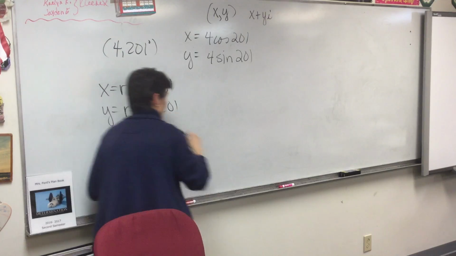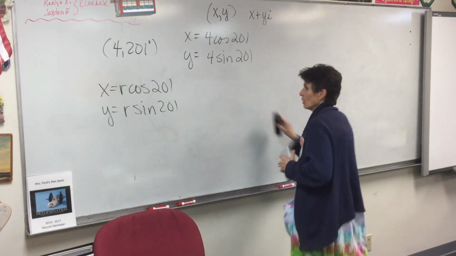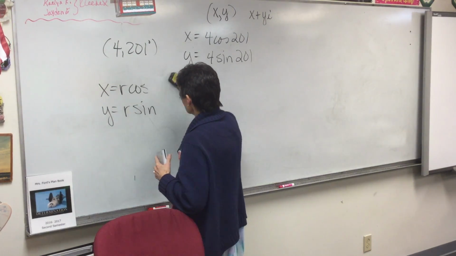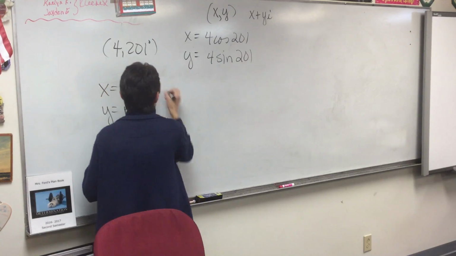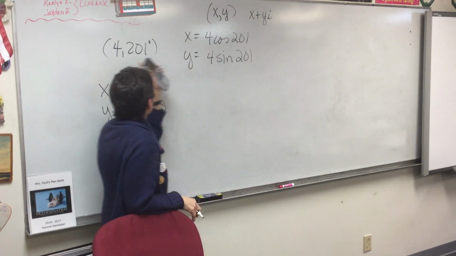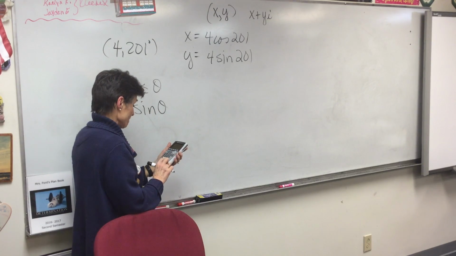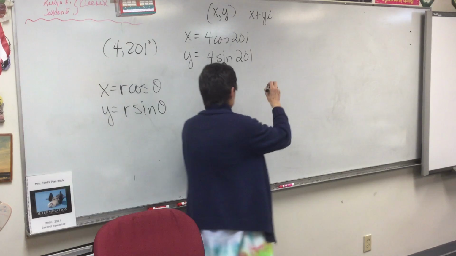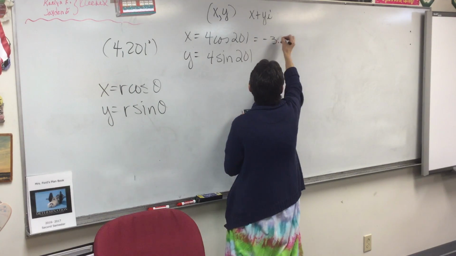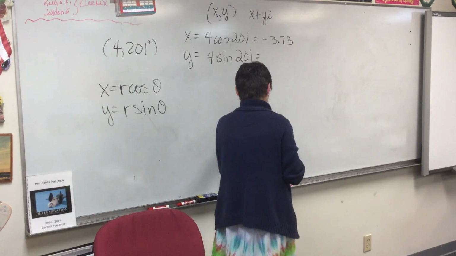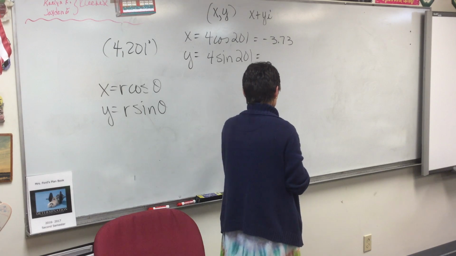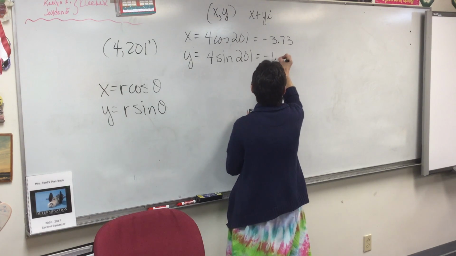Well, ours should be theta, not 201. It's not always 201. X equals R cosine theta, Y equals R sine theta. So for us, that's 4 cosine 201, so I can just type that in. And it's negative 3.73. And for sine 201, negative 1.43.